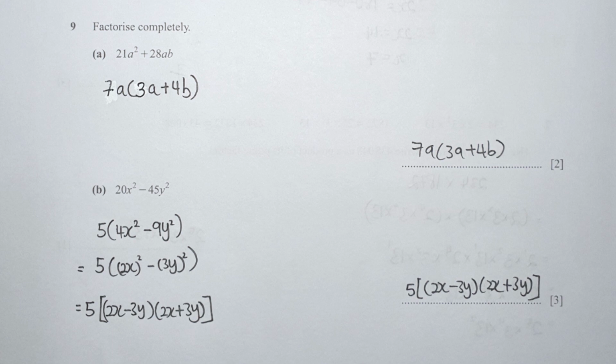This 4x squared and 9y squared can be transformed into the formula a squared minus b squared equals a plus b, a minus b. So I rearranged the 4 and 9 into (2x) squared minus (3y) squared. Adopting the formula, you should get 5 multiplied by (2x minus 3y) multiplied by (2x plus 3y).